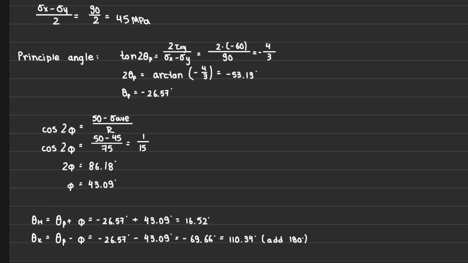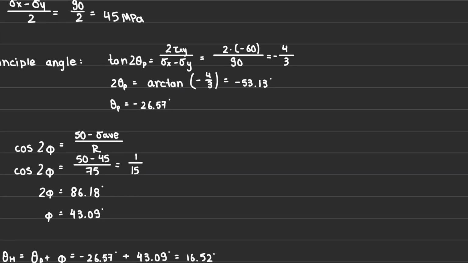Now we need a reliable starting anchor point, so we look for our principal angle, theta p. We use this double angle tangent formula because it locates the exact physical orientation where the normal stress reaches its absolute maximum peak value.